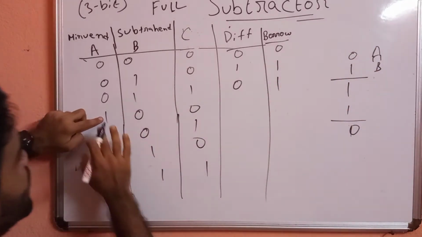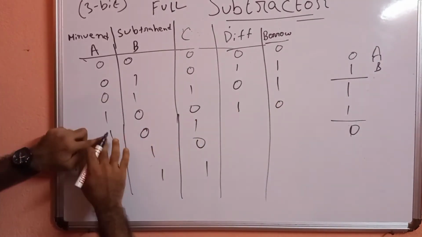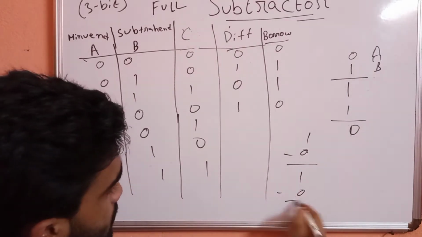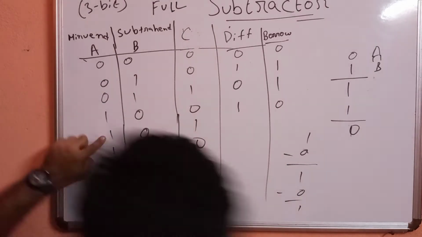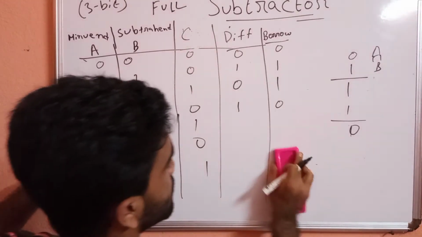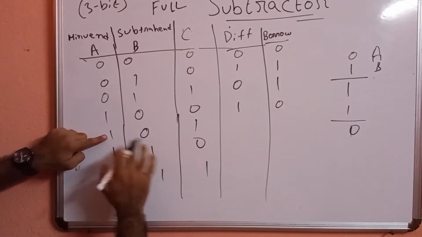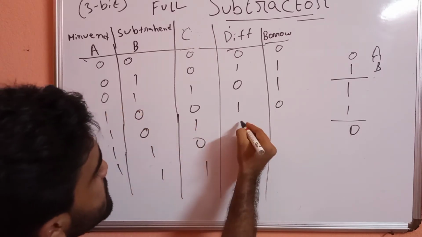Okay, now see 1 and 0. Difference will be 1. Borrow will be 0. That means 1, 0, difference will be 1. Then again 0, but difference will be 1 only. Now here 1 0, difference is 1, and 1, difference is 0.